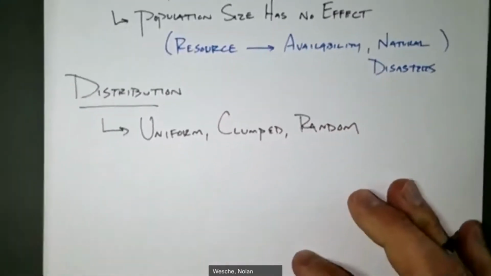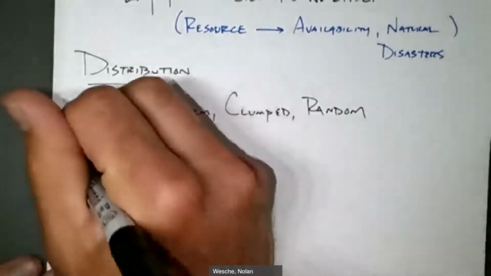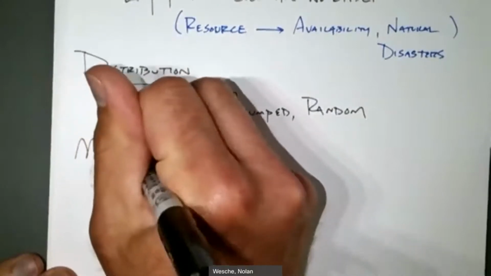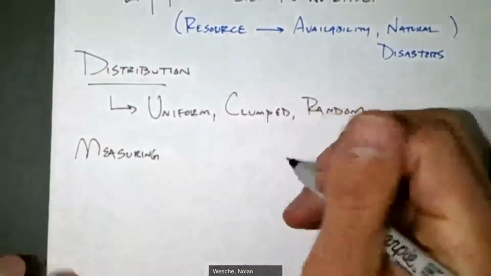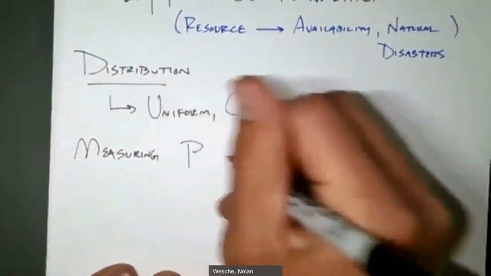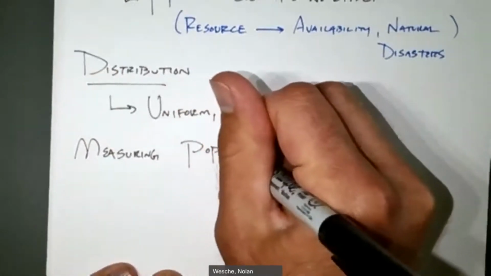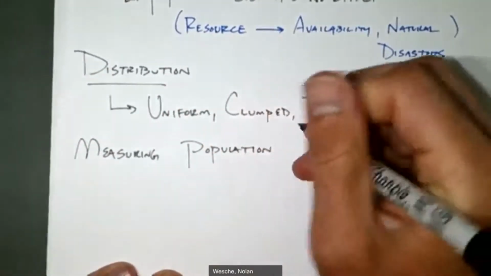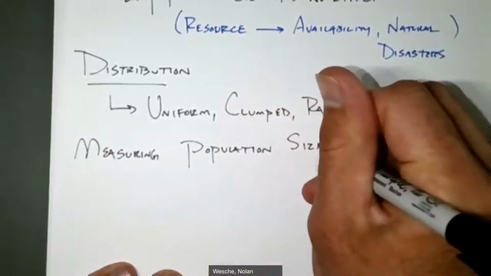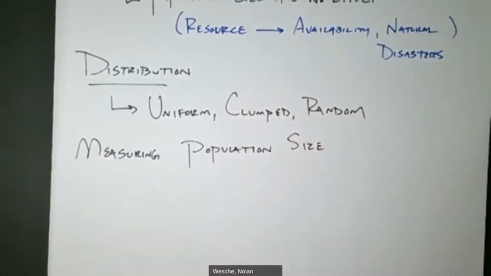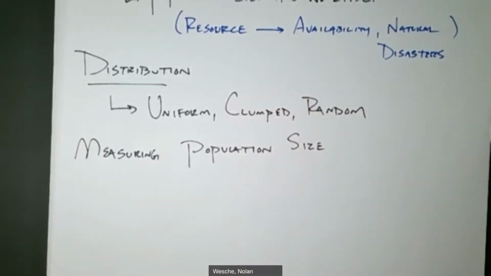So the question is, how do we go about measuring population size? Now with the plants, right, you can go and do this and take an average per square meter or per square mile. So you can measure plants with some ease.